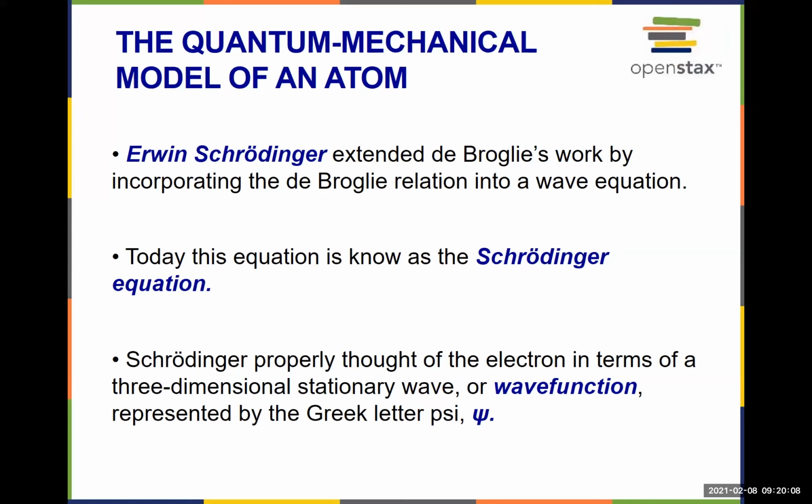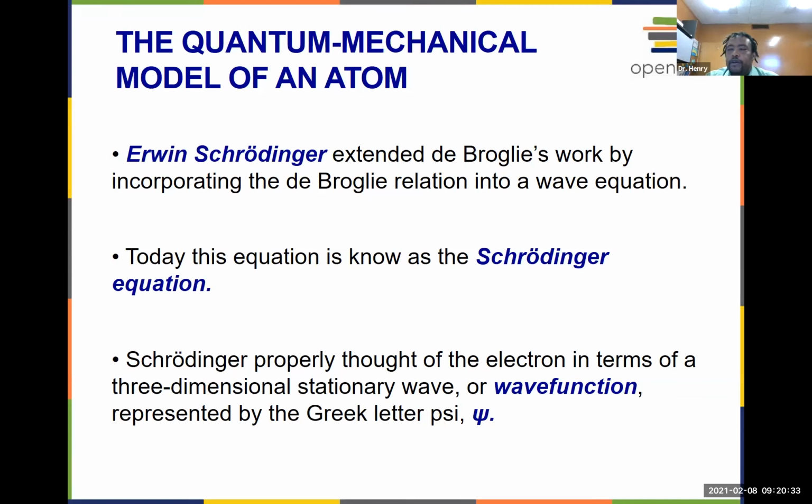Schrödinger is also a very common character, right? If you guys watch Marvel's S.H.I.E.L.D., I think it used to be on ABC, there was a character called Schrödinger, and they were making reference to Erwin Schrödinger.